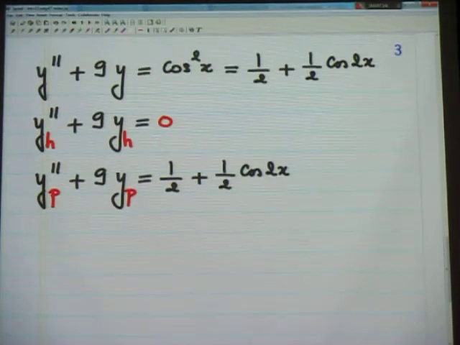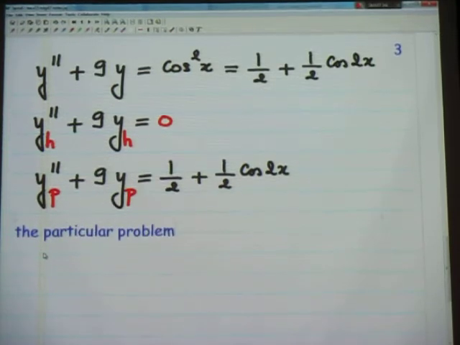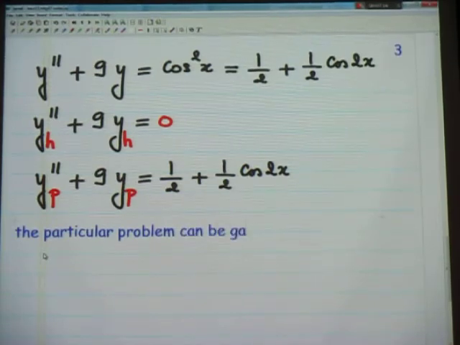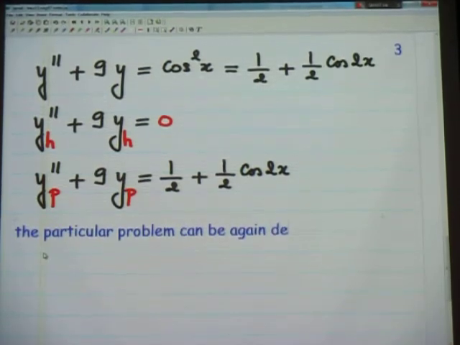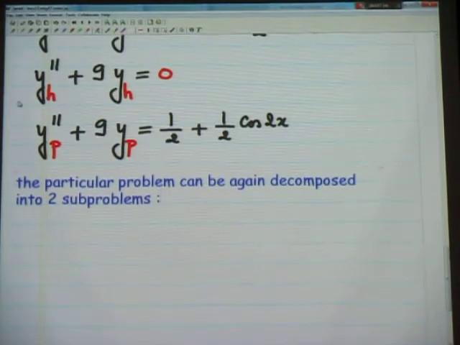And so what I'm trying to say is that this is the particular solution. Maybe let me write down here the particular problem. Two sub-problems, and that is the following.